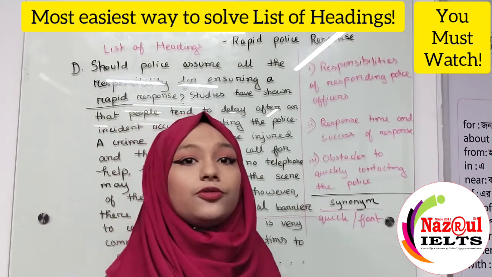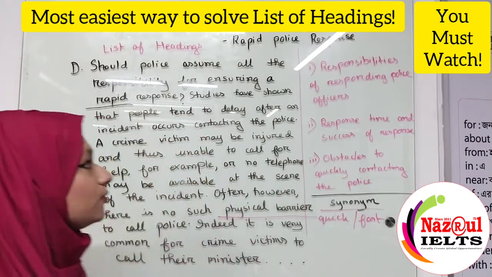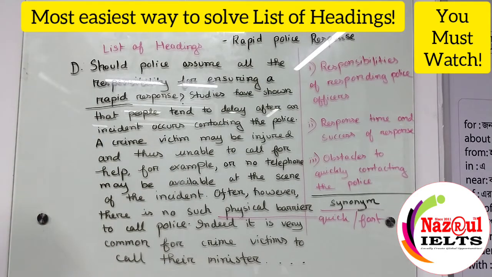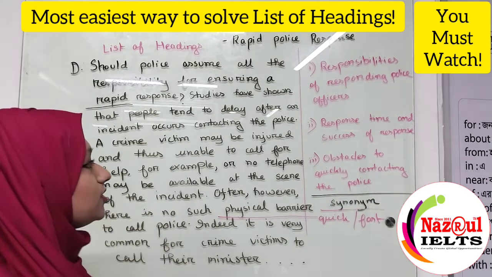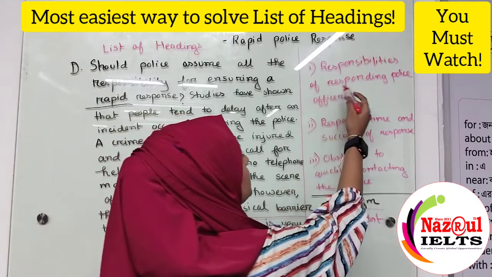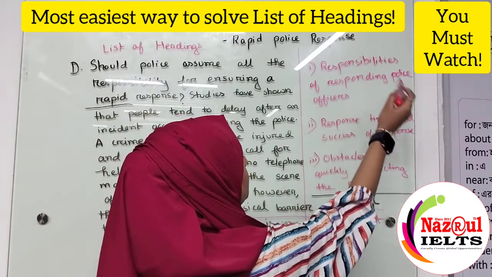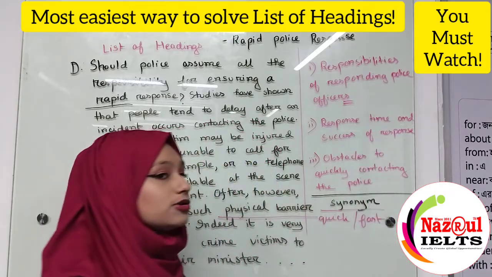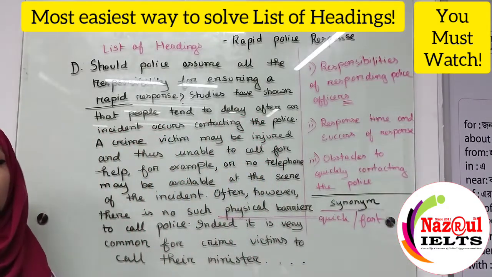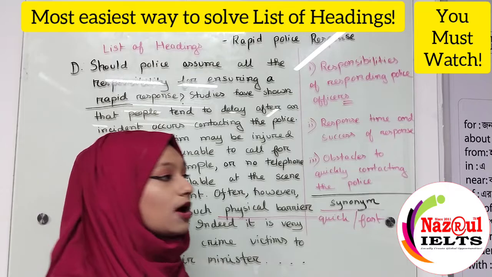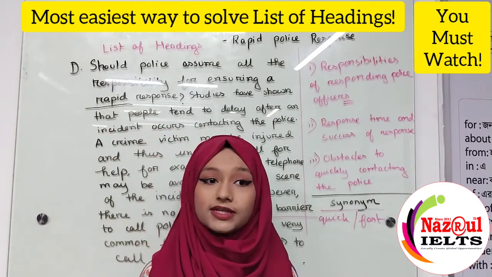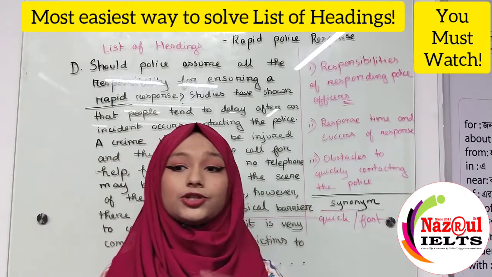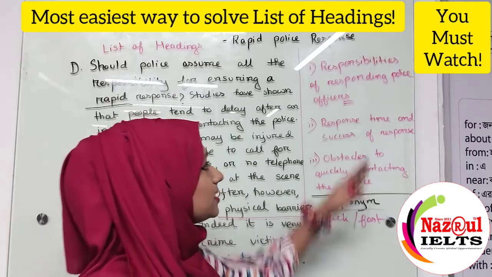Okay, so for the answer, what we have to do is look for the synonym, right? So, responsibilities of responding to police officers. Here they're talking about responding to police officers, as if the police officers are going to call the victim and the victims need to answer them, right?